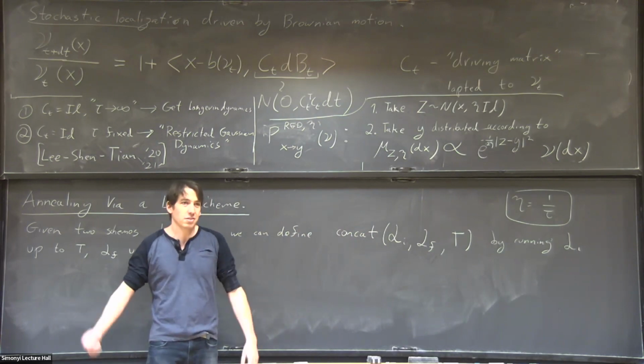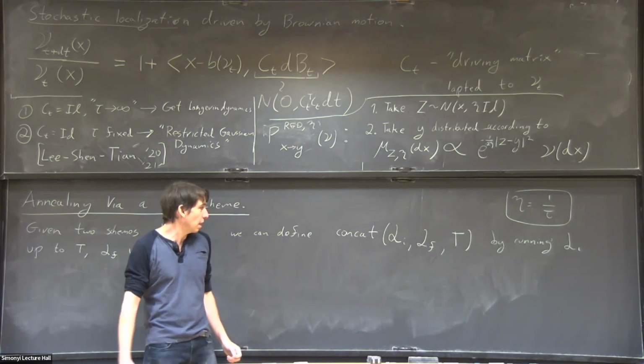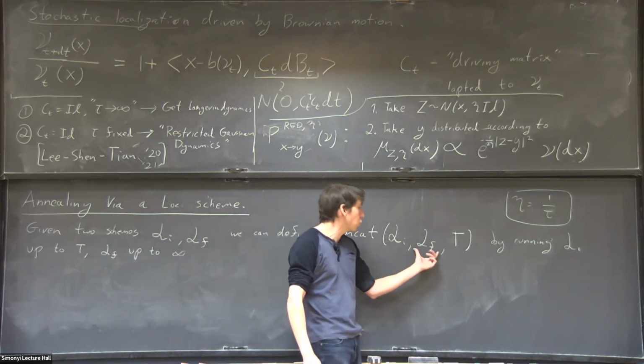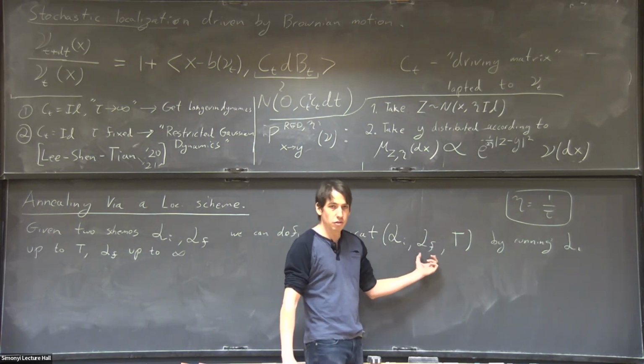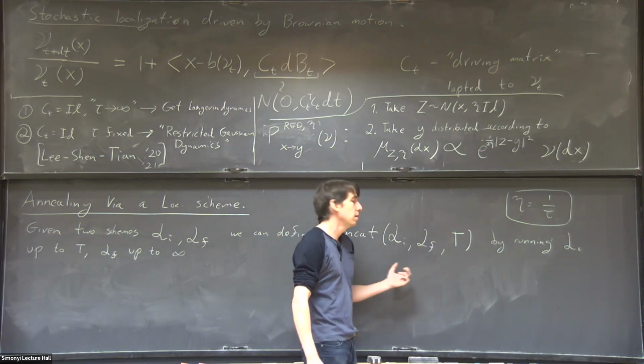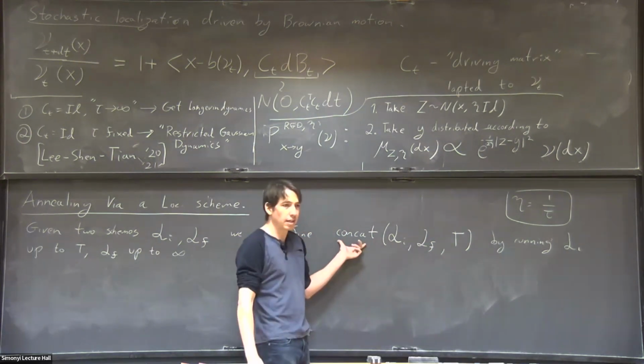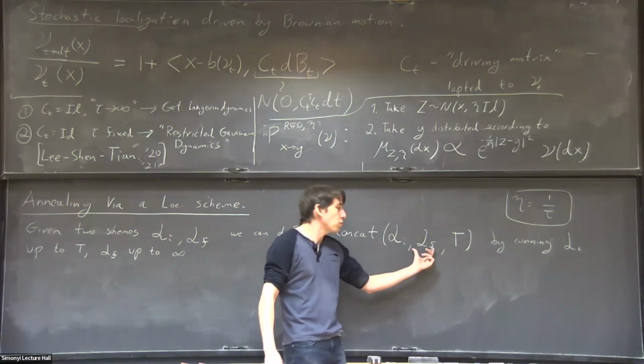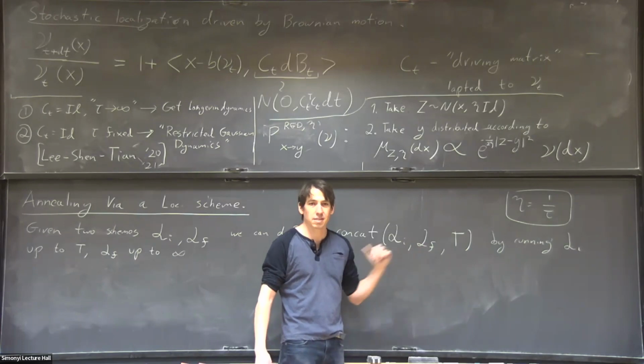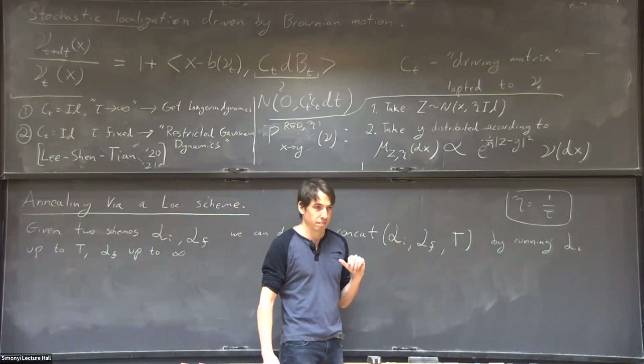But it turns out there's a large class of localization schemes such that any bound for concat immediately translates to a bound for the dynamics given by LF. Will you give us an example? Yes.